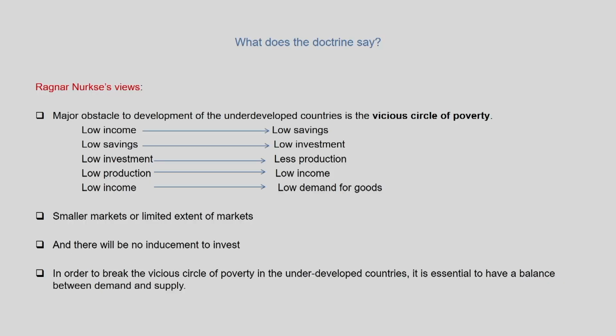Now, Nurkse introduces this doctrine of balanced growth by saying that there is one major obstacle to the development of the underdeveloped countries, and that is the vicious circle of poverty. Most of these underdeveloped countries are caught in a vicious circle of poverty. And this vicious circle of poverty operates on the demand side as well as the supply side.